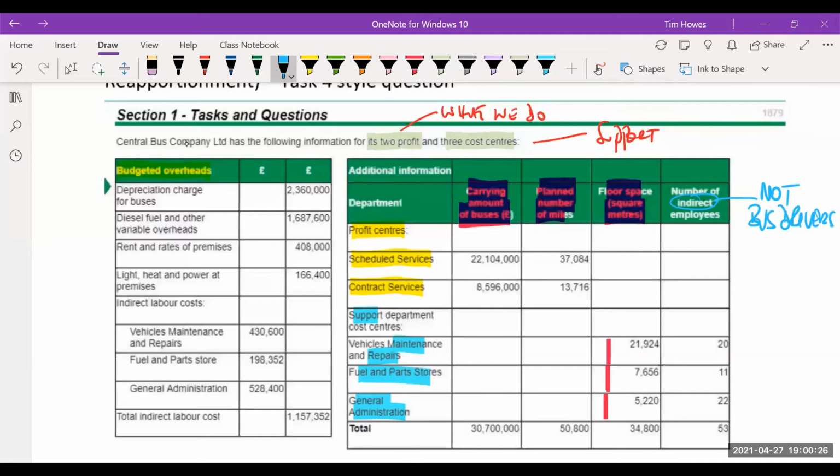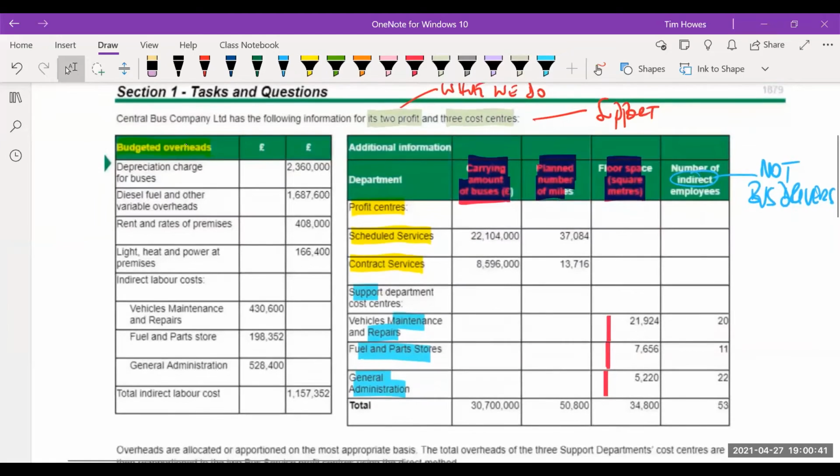This is not the bus drivers, because if they were bus drivers, we could trace it directly to the scheduled services. So a lot of information about the business, what it looks like, what we do, how it's constructed, if you like. And then alongside, we've got all of these overheads. These are the batter and the flour that we want the fish to pick up as it goes through. In this case, it's not a fish, it's various scheduled services and contract services.